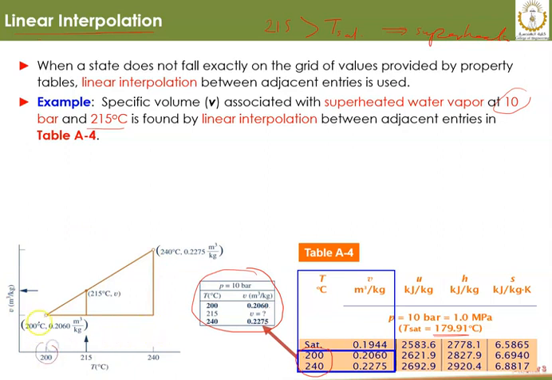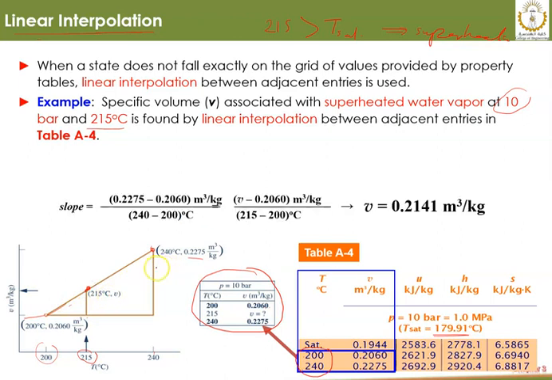So at 200, the specific volume is 0.206. At 240, the specific volume is 0.2275. We would like to know the specific volume at 215. Here we see that this is increasing, then this will be our point.